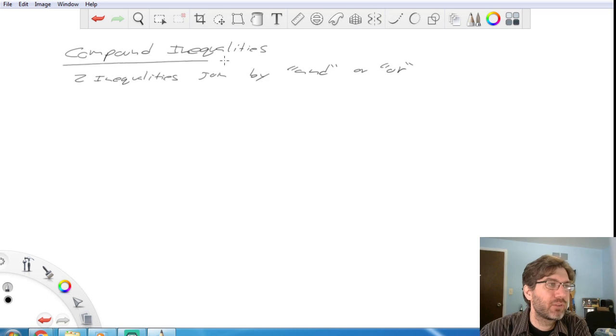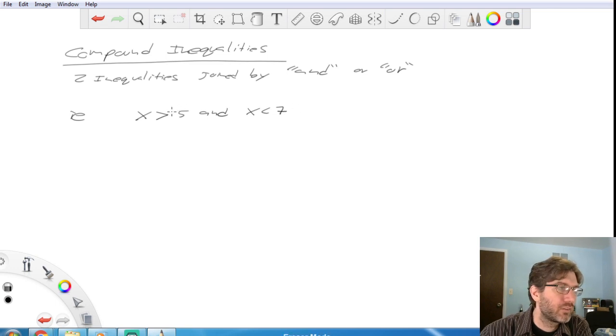But we're going to take some notes on compound inequalities. So follow along with the PowerPoint as I explain it all. Compound inequalities are two inequalities joined by the words and or. For example, if you look at the notes, examples of these are x is greater than -5 and x is less than 7.